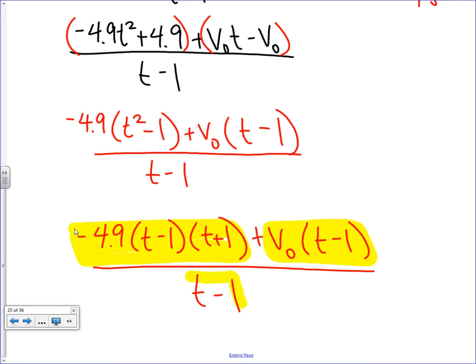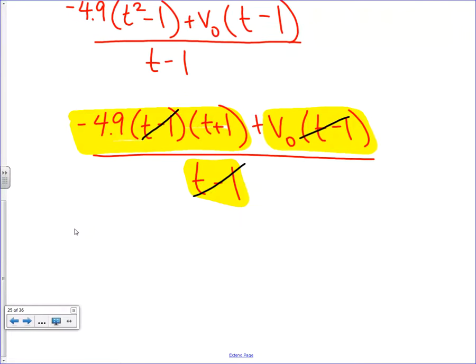And this thing down here is one term all together, right? So if I want to cancel out the t minus 1, there has to be a t minus 1 in every term. Is there? T minus 1, t minus 1, t minus 1. Which means I'm now left with negative 4.9 times t plus 1 plus VO, and it's over nothing.